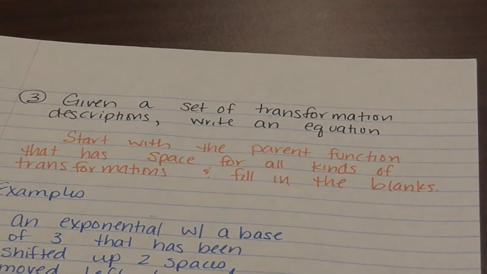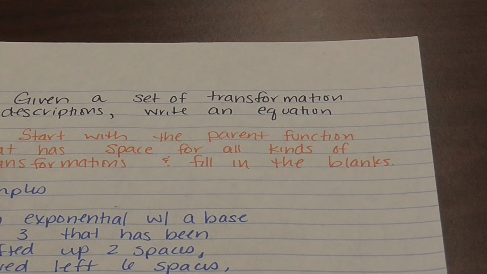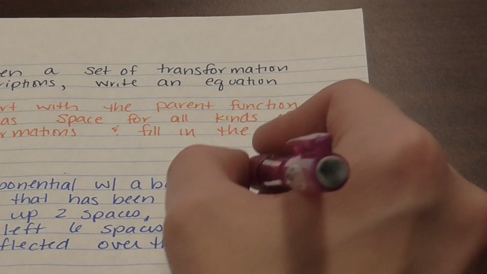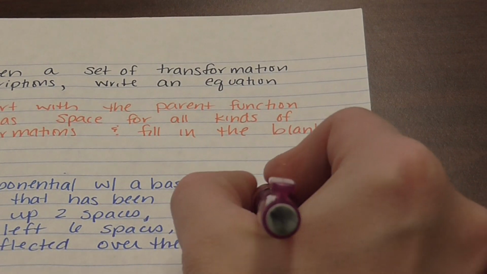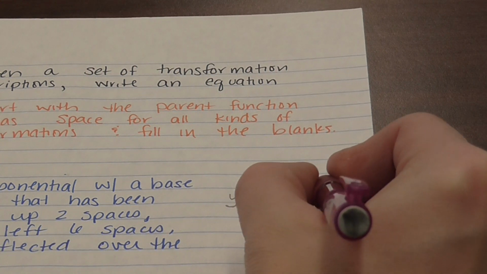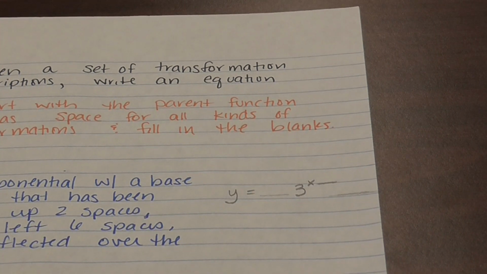All right. Last but not least, given a description, draw the function. So start with the parent function that has space for all kinds of transformations and fill in the blank. So an exponential with a base of 3. So y equals, we're going to leave some space in case there's something here. A base of 3 to the x power, we're going to leave some space in case there's something there, and some space in case there's something there.